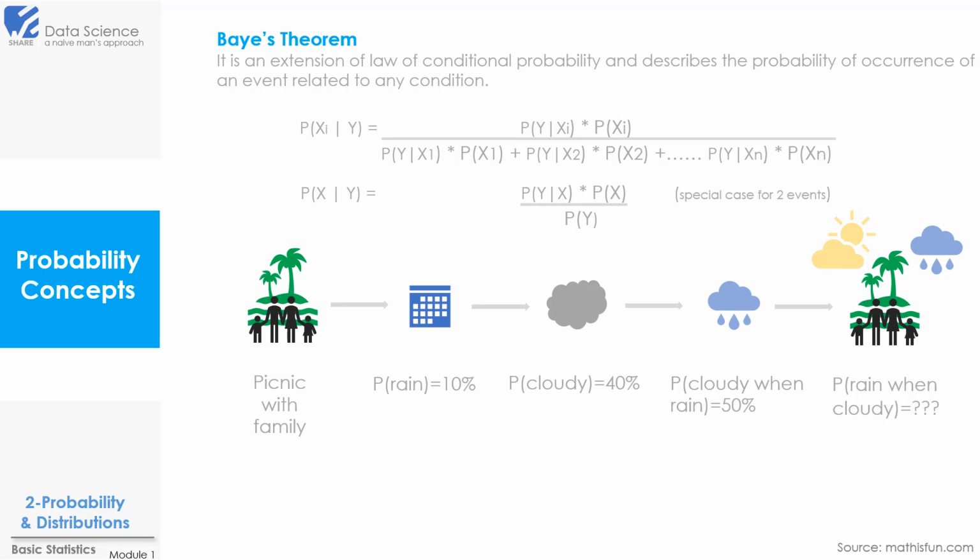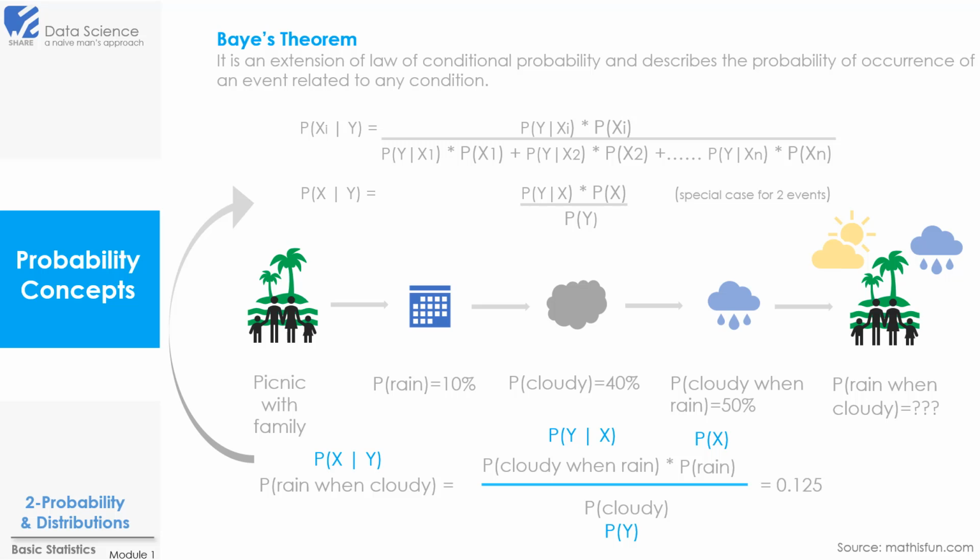So we can use Bayes' theorem in this case as shown here on the screen. Here rain is our x and cloudy weather is our y.